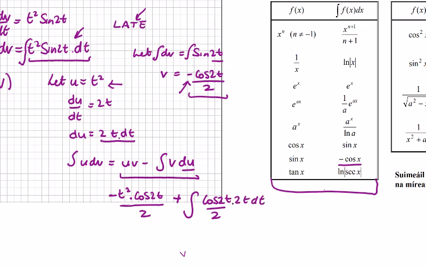And the 2's will cancel here. So we're left with minus t squared cos 2t, which we'll keep to the end, over 2, plus the integral of cos 2t times t, don't forget it's in there, dt.